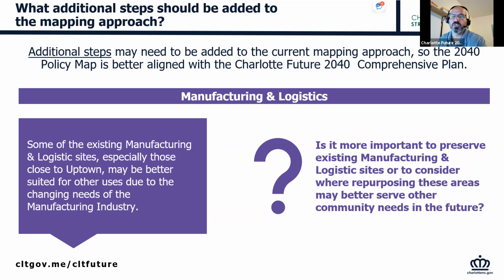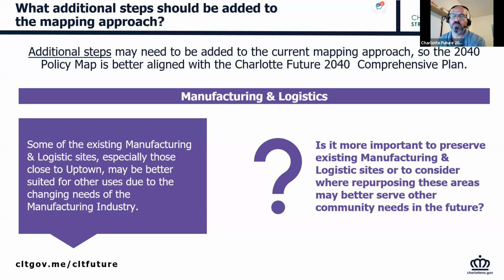We want to share a few suggestions for additional steps with you all and see whether or not you agree with the suggestions. The additional steps that we've heard from our interdepartmental stakeholders, the other city departments that we've been working with throughout this process, are related to 3 of the 10 place types.